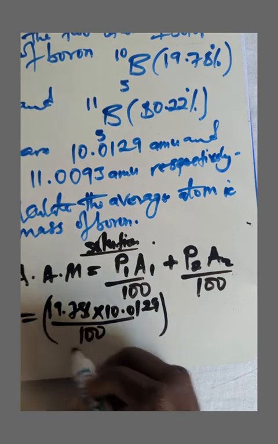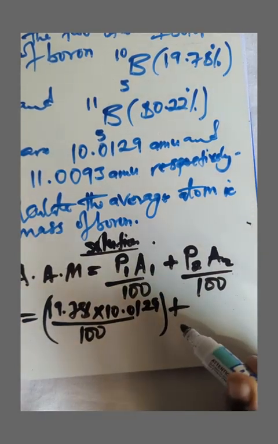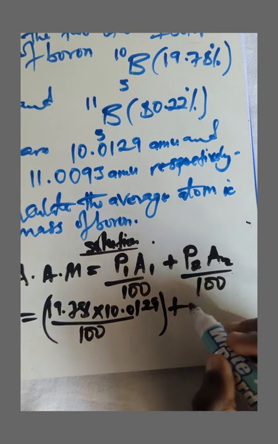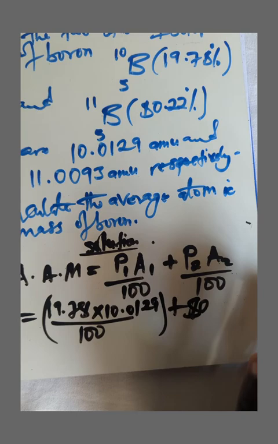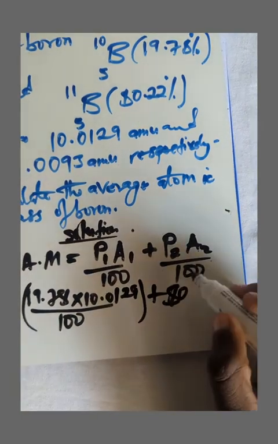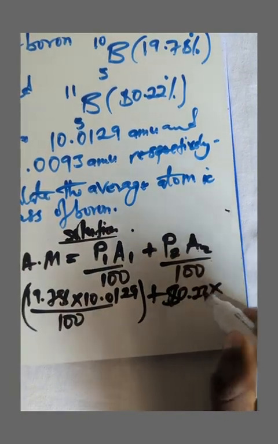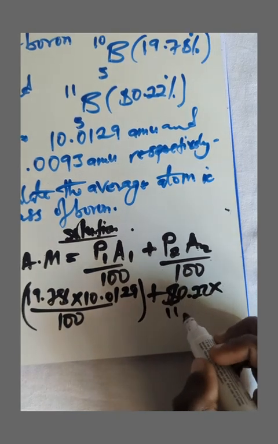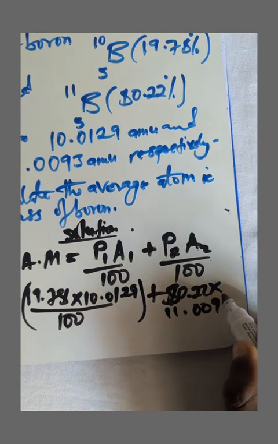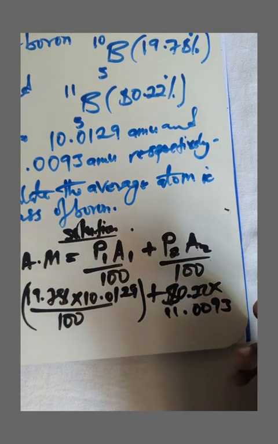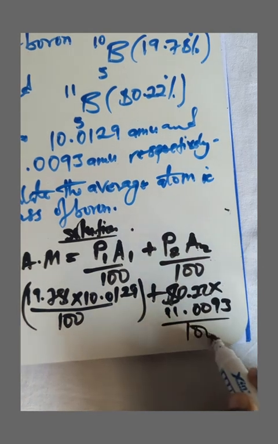Then you add 80.22, multiplied by 11.0093, everything over 100.